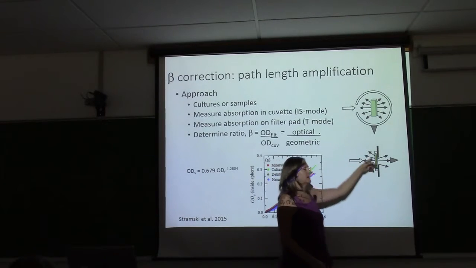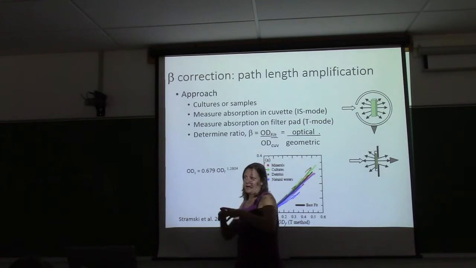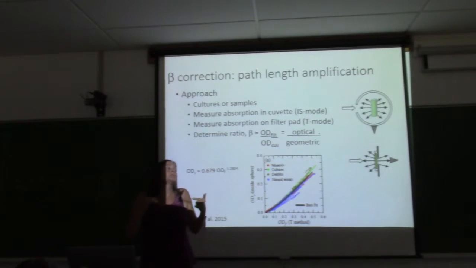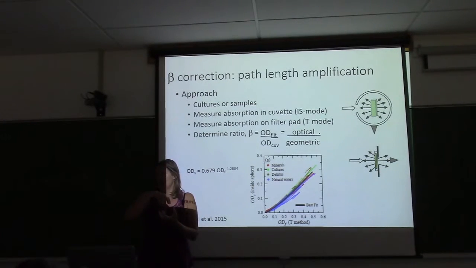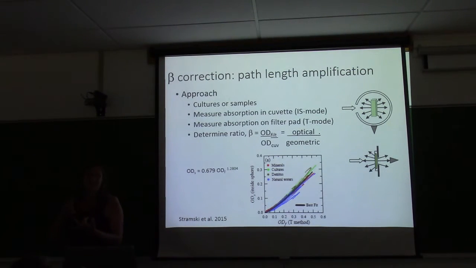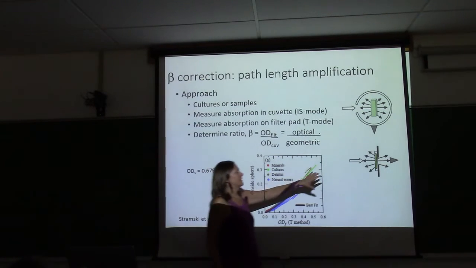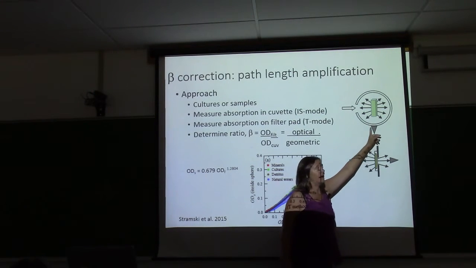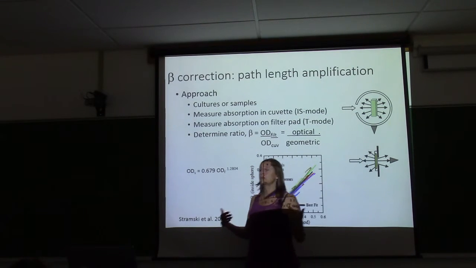Then they had a filter pad absorption, which they tried to account for that path length amplification, but they had just as much path length amplification in their cuvette measurement. And so you can find betas in the literature that range from 1 to 6 without any accounting of how they took care of the scattering either by the filter or by the suspension which they were using as their truth.